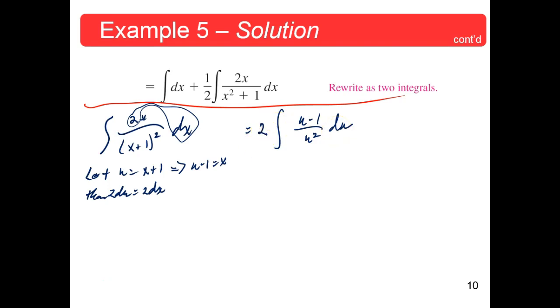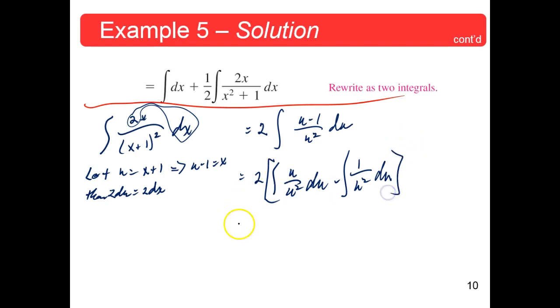Now what would we do? Any ideas? Yeah, split up that numerator, and make that u over u squared du minus 1 over u squared du, and make that a second integral. Everybody agree with that? You see that's legal in most states.